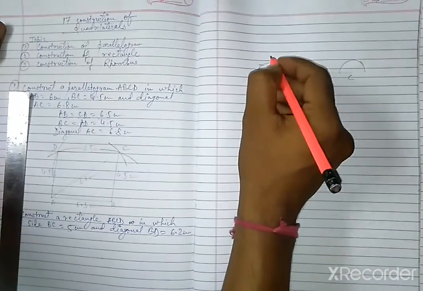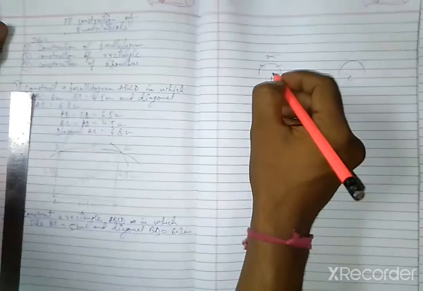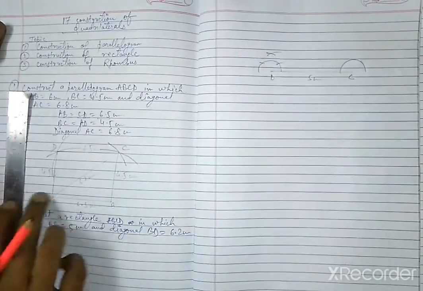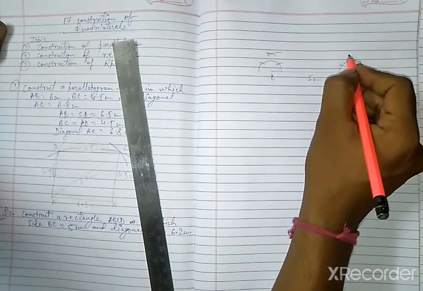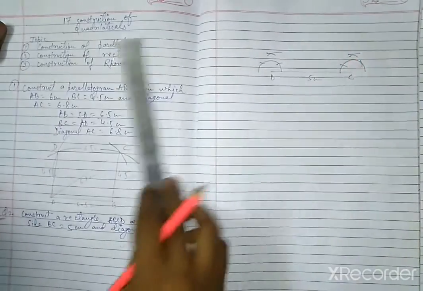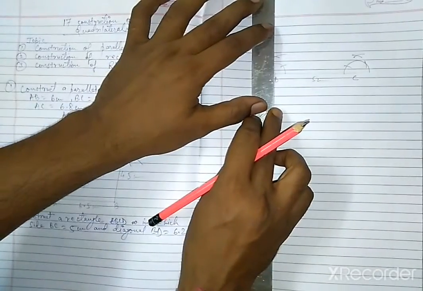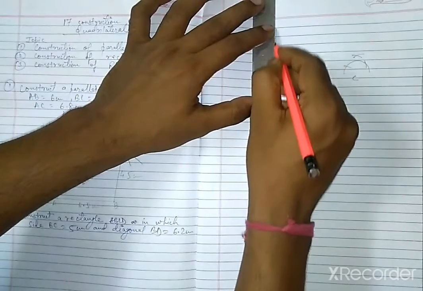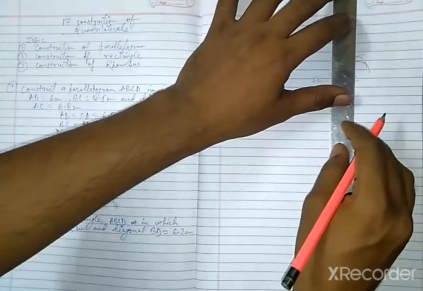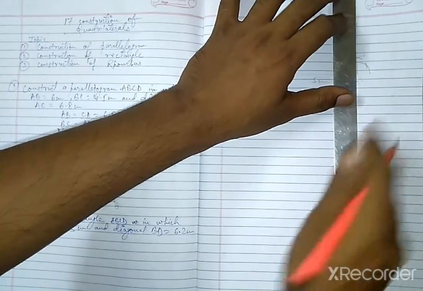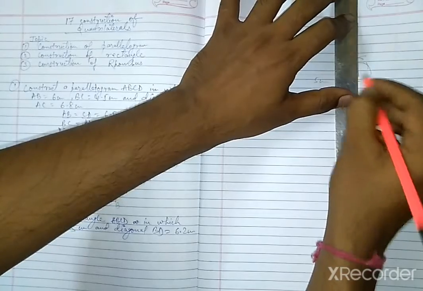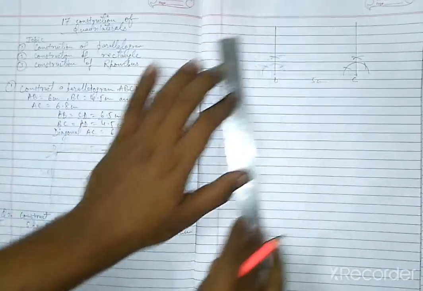I think you are all able to draw 90 degree angle with the help of compass, which you have already studied in class 7. Then I will draw 2 straight lines.